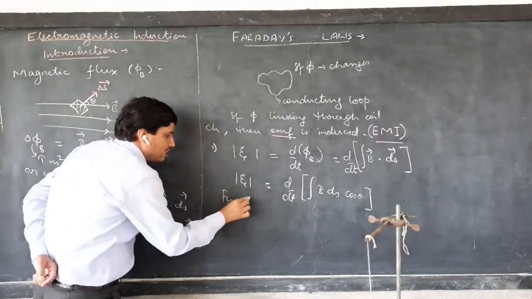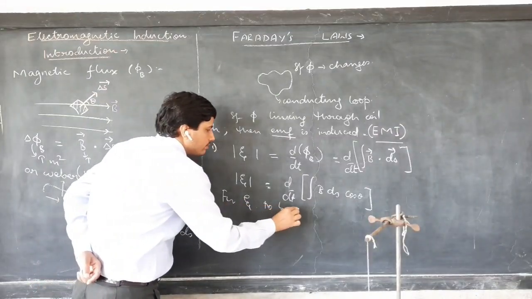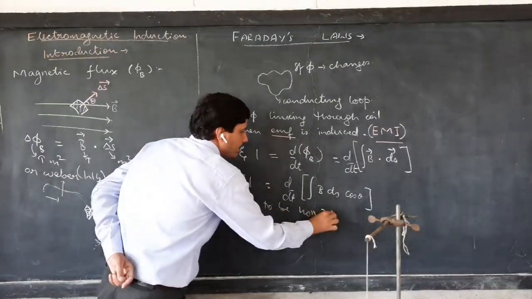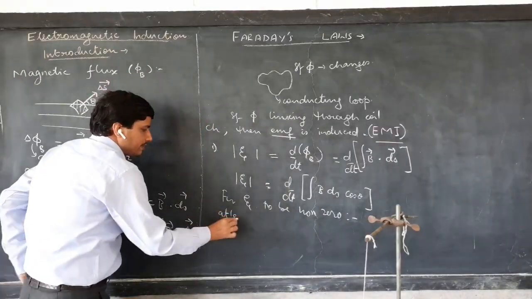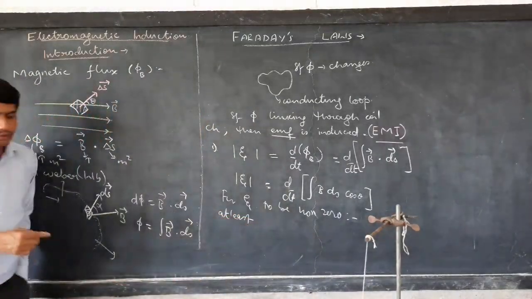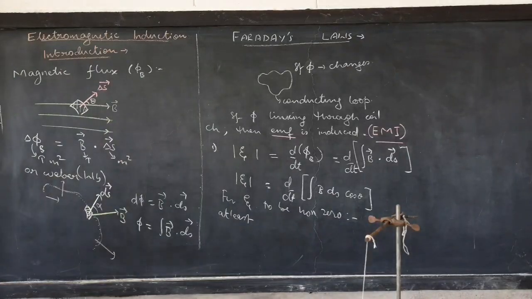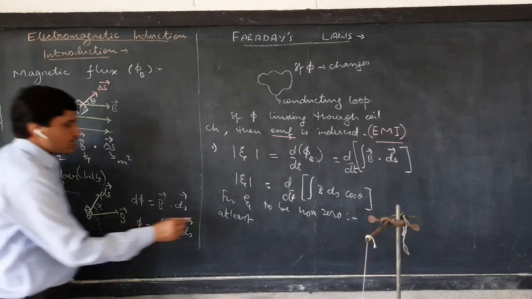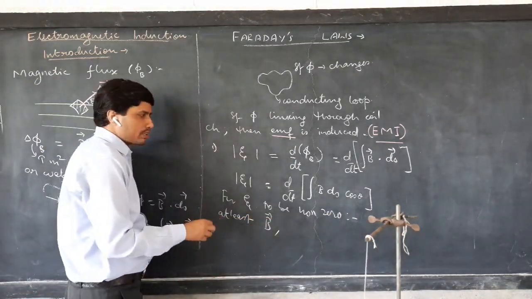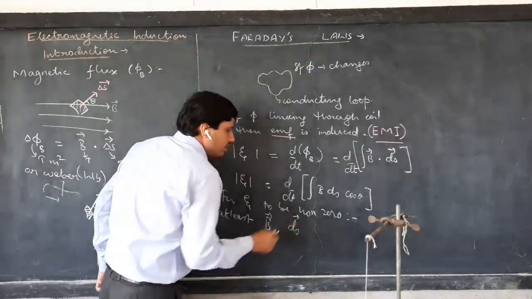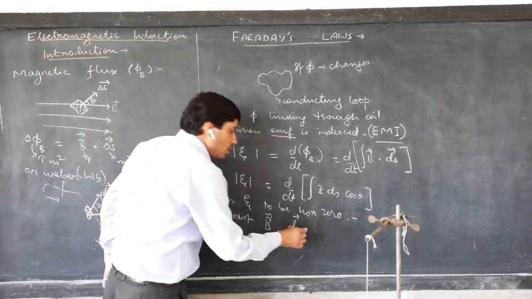So for E to be non-zero, the important thing is at least out of those three parameters, at least one of them must vary with time. So we have at least the magnetic field in magnitude or direction. Then area vector again in magnitude or direction.